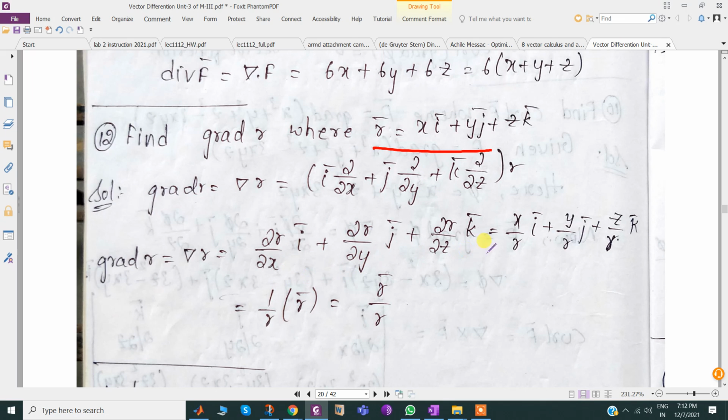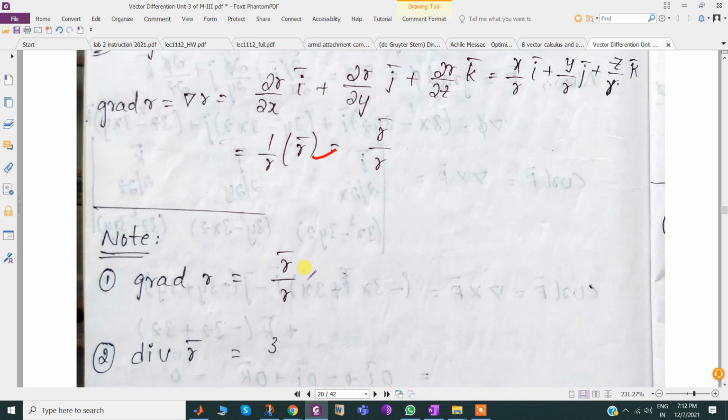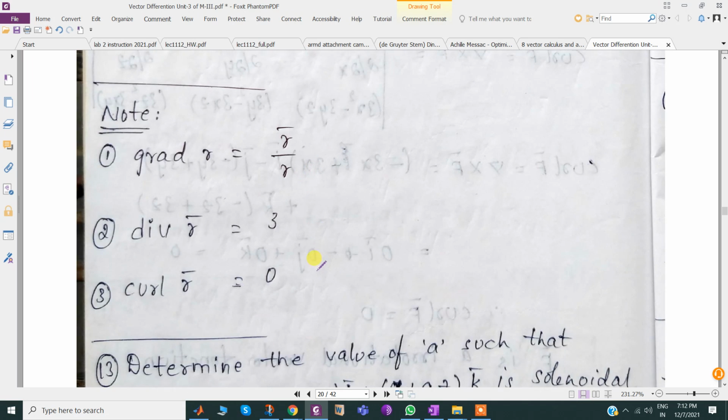So substitution of that, x i bar by r plus y j bar by r plus z k bar by r. So simply I may write here r bar times r. Similarly, grad r, div r bar, curl r bar. These two are vector. That's the reason a vector is supposed to be applied. Here this is only a scalar. R bar times r is a scalar.